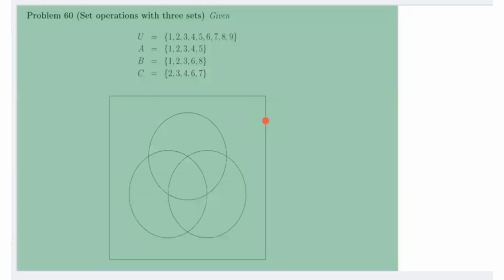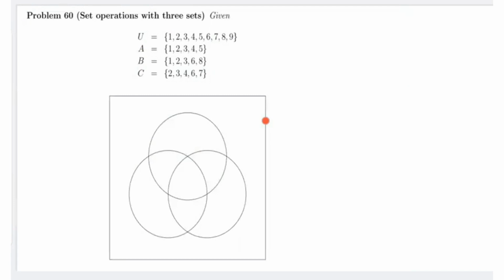Here is a Venn diagram, and I'll show you how to do it with 3 subsets. We are having 3 subsets throughout the semester, not 2, but 3.